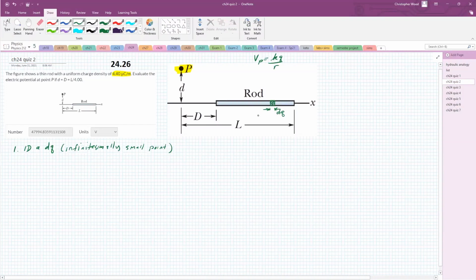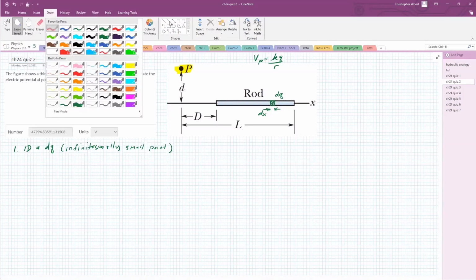That's what I'm showing here. This is dx. We have to name the point, we have to talk about its size, and we have to talk about where it's located. The name is dQ, the size is dx, and the location is right here.